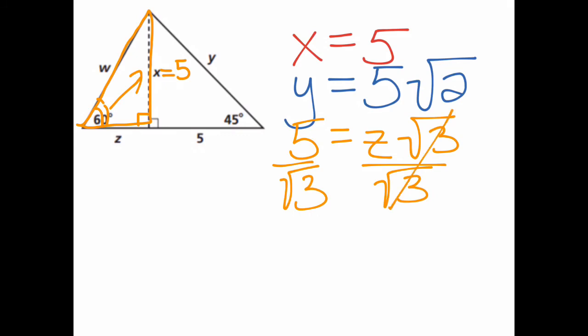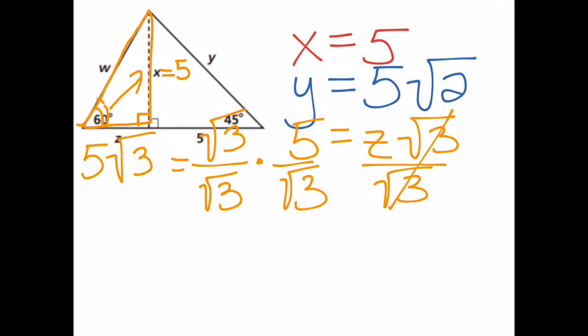It's against the rules. And in order to remove a radical from a denominator, you have to do a process known as rationalizing the denominator, which is when you multiply the top and the bottom of a fraction by that radical 3. And I'm working backwards here, but I think you can still figure out where I'm going. So on the top, a 5 times a radical 3, the 5 is on the outside, the 3 is on the inside, and it will remain so since 3 is not a perfect square.